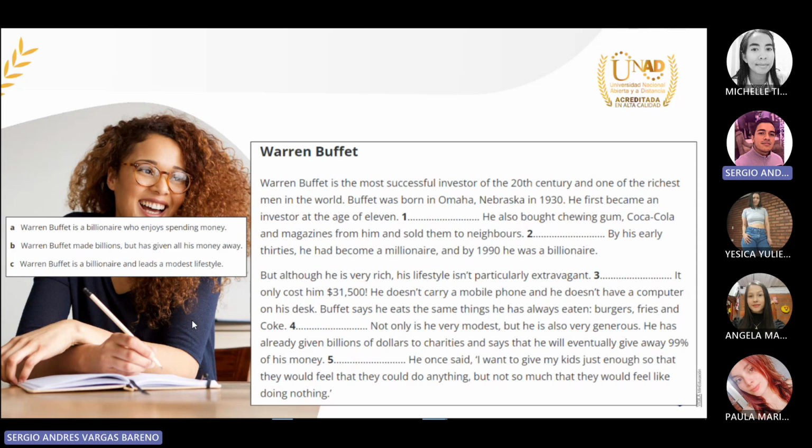Any other questions about the vocabulary in this text? I think it's right. It's well, I don't see really difficult words.